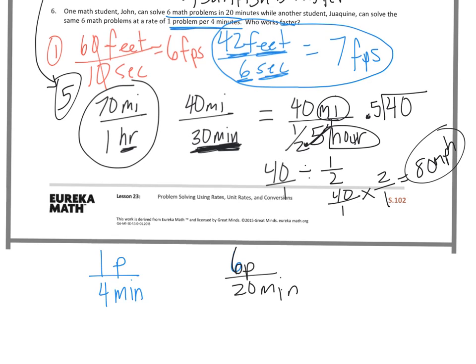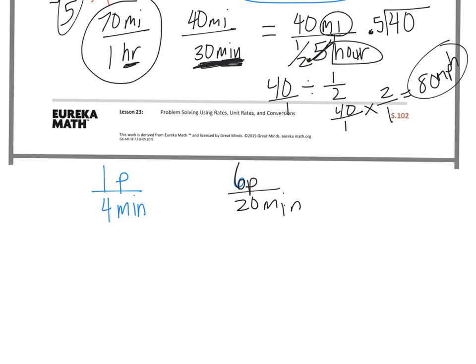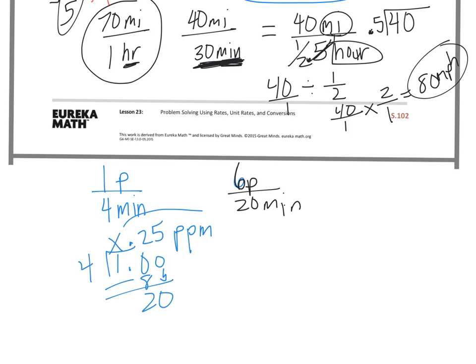So I'm going to do 1 divided by 4 here. And I have 1 divided by 4, and I know that this is going to get me into my decimals. And I see I'm at 25 hundredths. And it would be 25 hundredths problem per minute, or problems per minute.